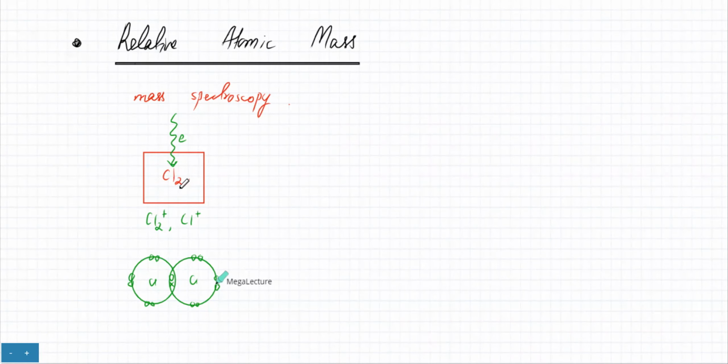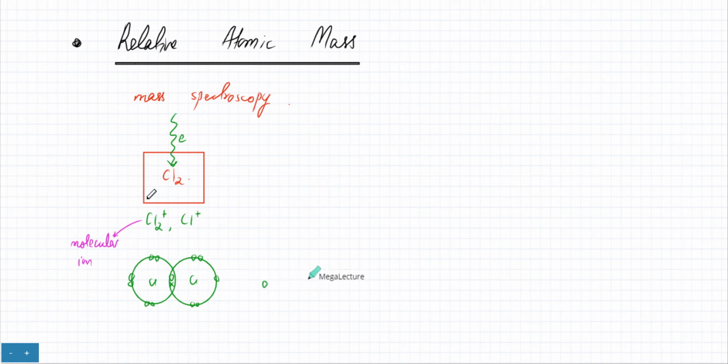Just the beginning part: a chlorine molecule gets ionized and ends up forming plus one ions. This is known as a molecular ion, because the molecule is intact but it has been ionized. So from somewhere, one electron is lost because of the bombardment.